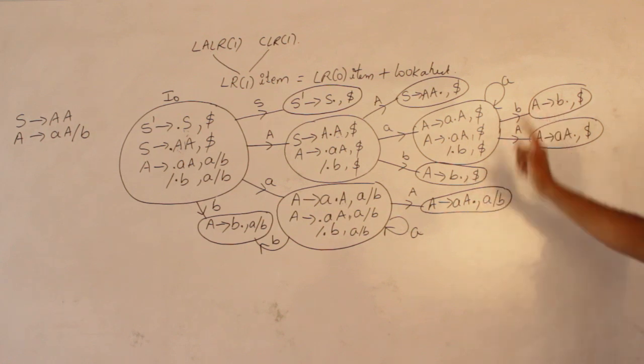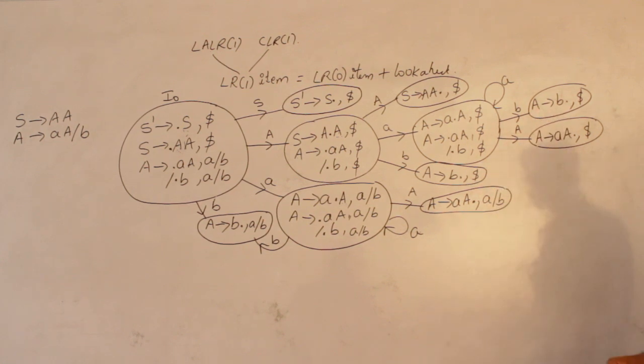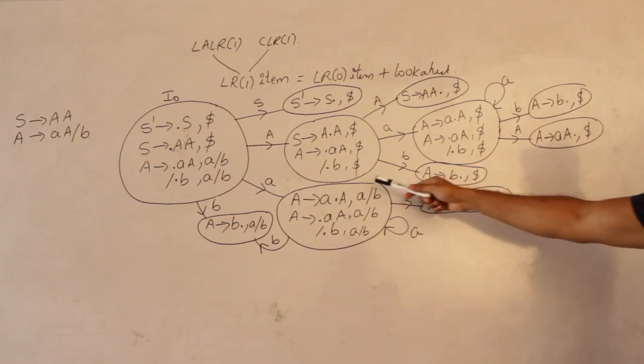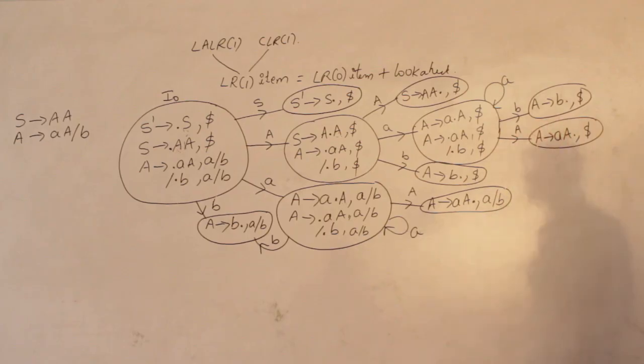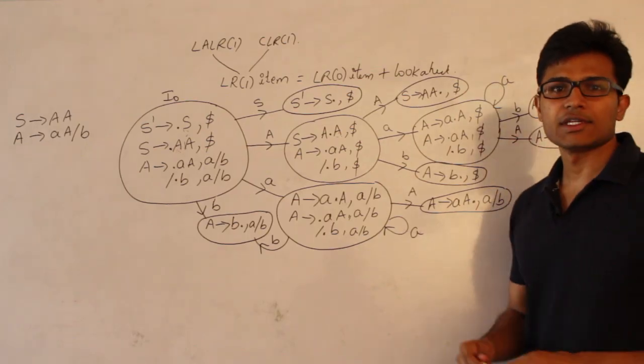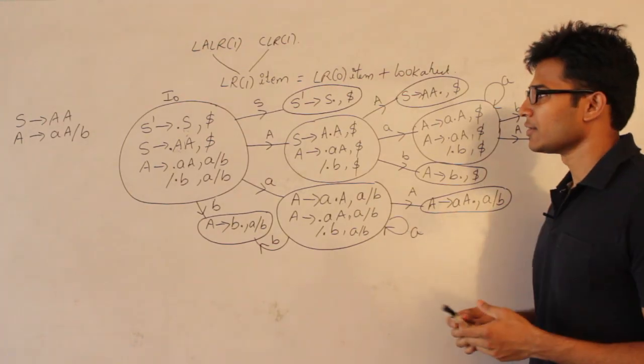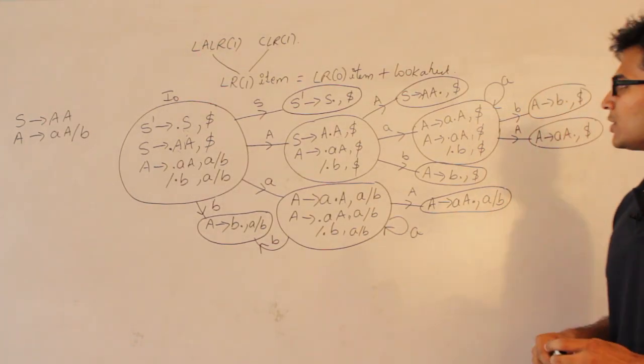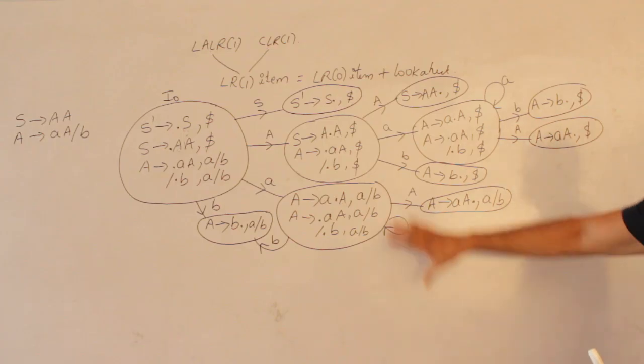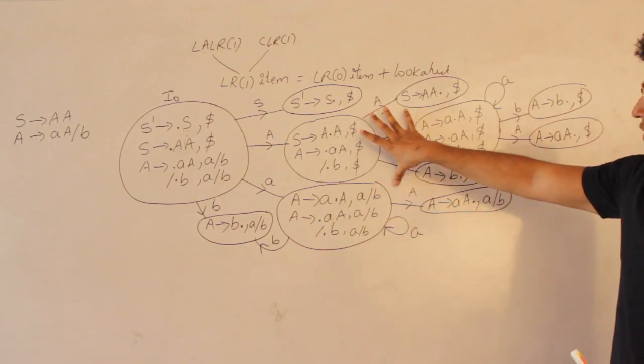So there are some states which have the same LR0 items but different look aheads. Therefore, the number of states when I consider canonical collection of LR1 items might increase in general.